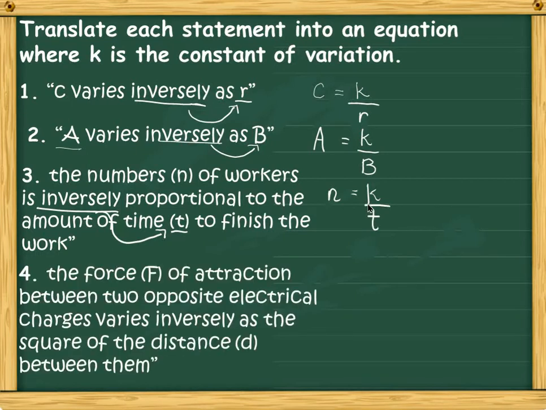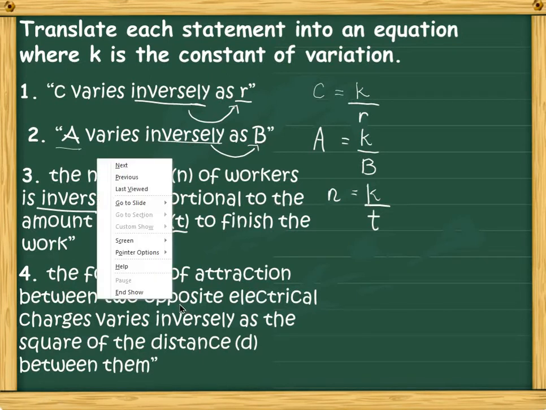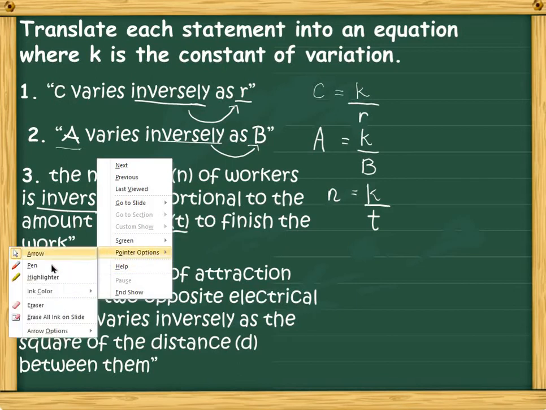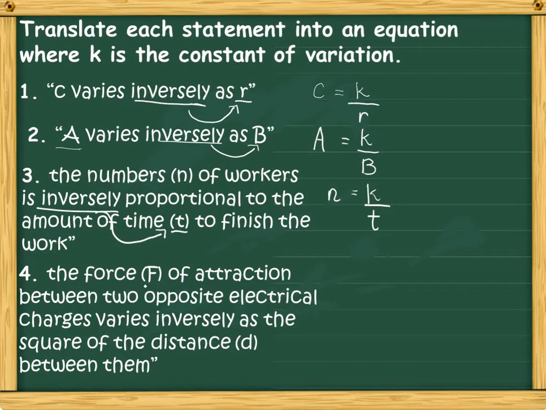Last item, the force F of attraction between two opposite electrical charges varies inversely as the square of distance d between them. So, we have here F, which represents the force of attraction between two opposite electrical charges, and we have d, which represents the distance between them.